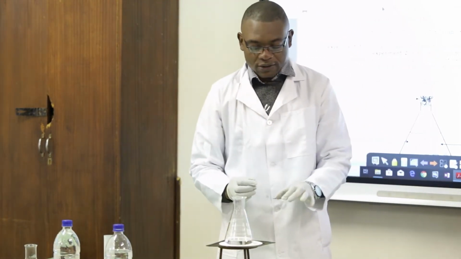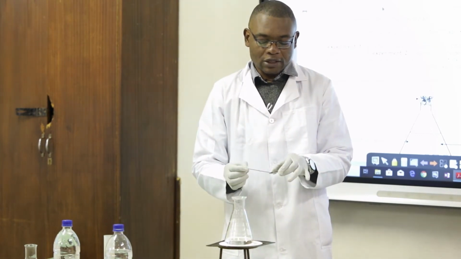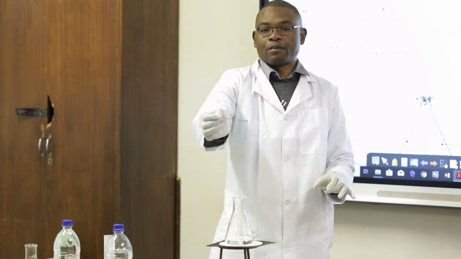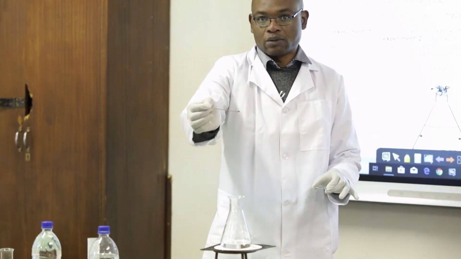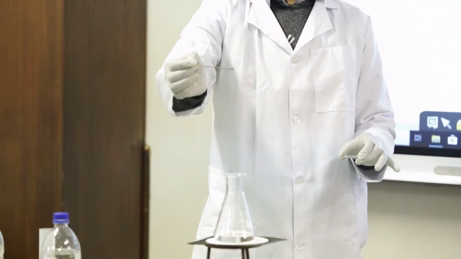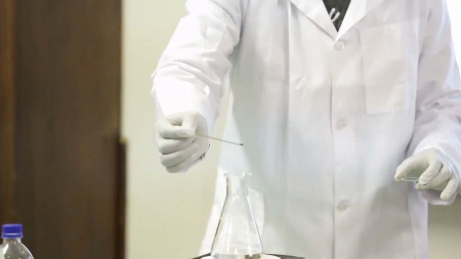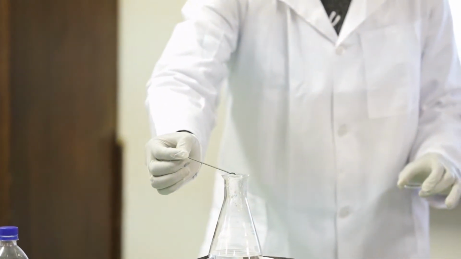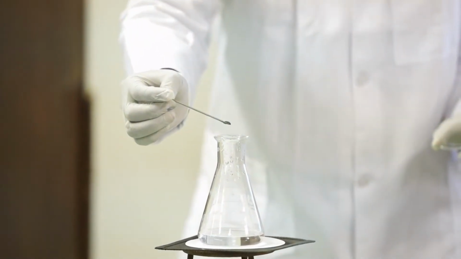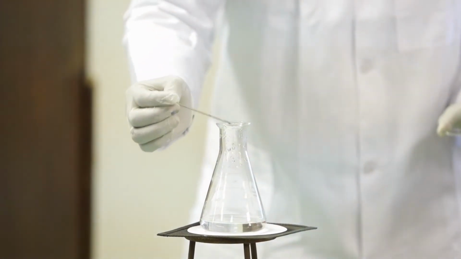I'm not going to stir the solution when I add my magnesium. So I'm going to take a tiny little scoop of the magnesium powder. So you saw how small my ribbon was, which I put in there. So I'm going to use a tiny little scoop of this. I want you to observe what's going to happen as I add the powder into the solution.